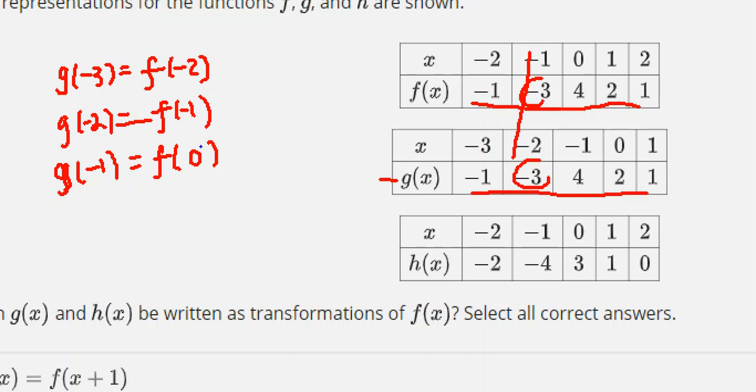So here's my suggestion. Look at the trend. -3 and -2: this one is one more than this guy, right?